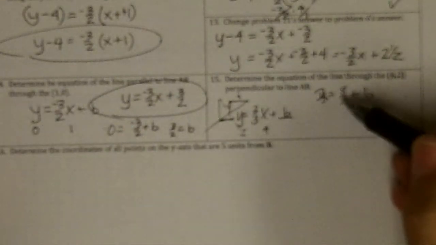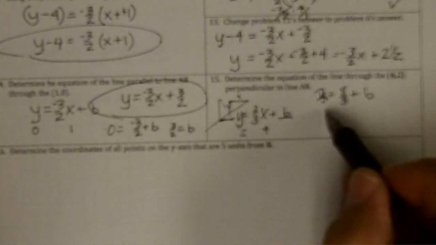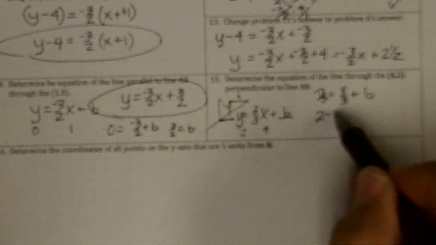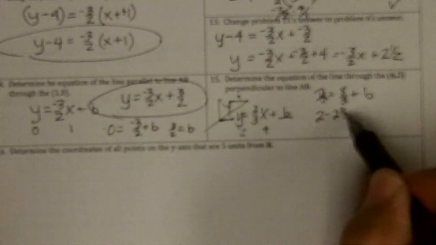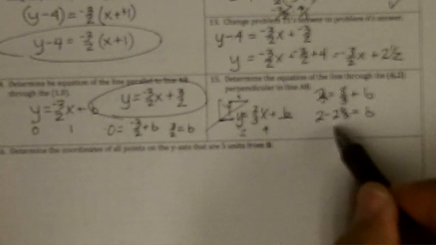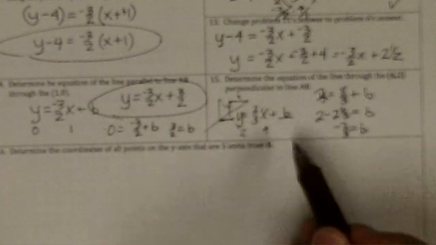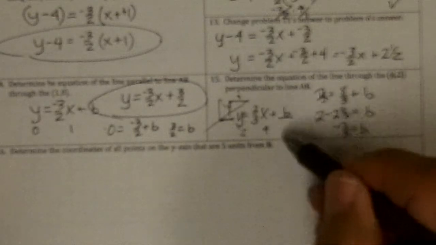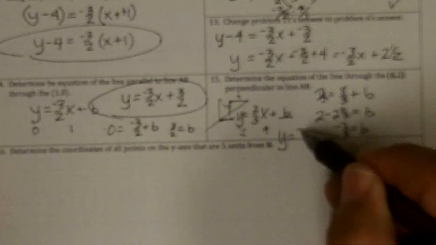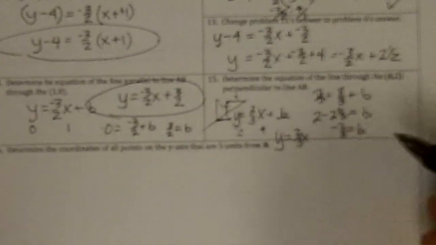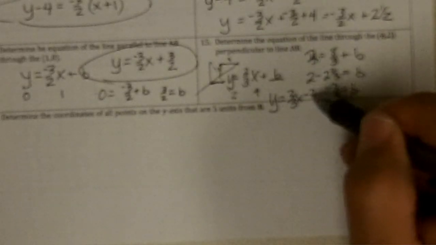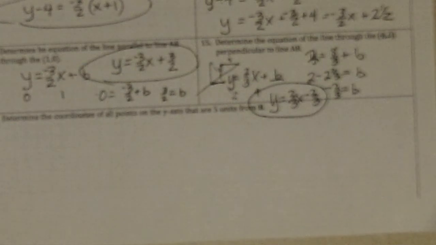So 8/3 is 2 2/3. If I subtract 2 2/3 from both sides, I get 2 minus 2 2/3 equals b, which is minus 2/3. So the equation is y equals 2/3 x minus 2/3 for the perpendicular.